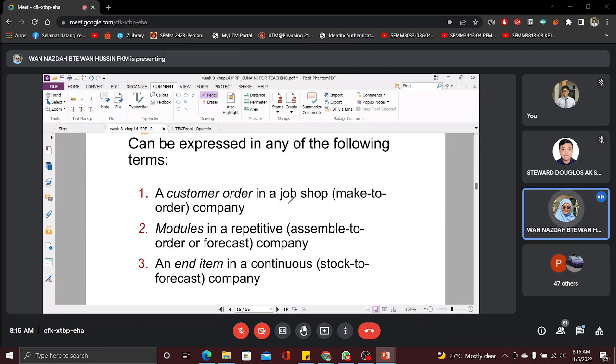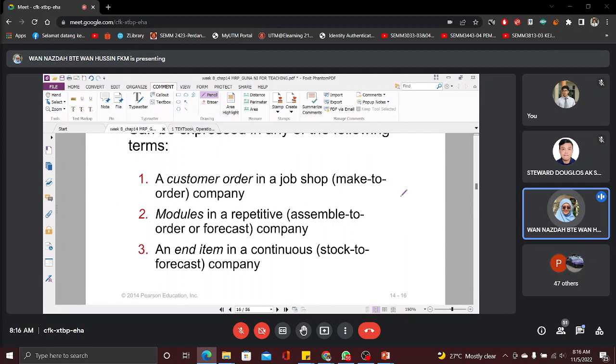You receive an order from customer A, so customer A requires you to produce A type of product, and you create the master production schedule based on customer A. Then you receive orders from customers B, C, and D, and you need to create the master production schedule based on customer B, C, and so on. So that is called the job shop type of production.